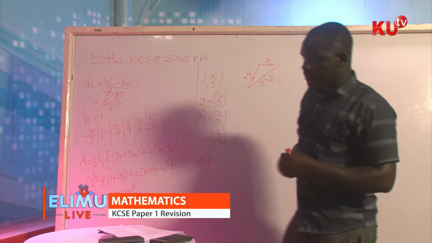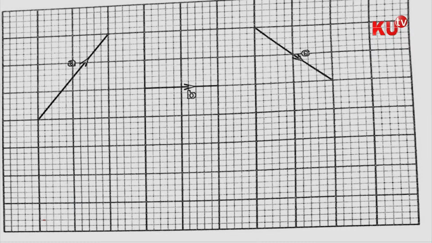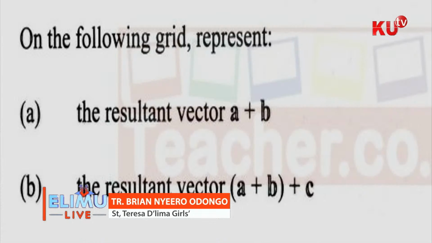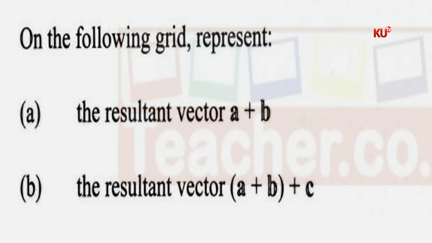Now after you've drawn it, part B of it, they say AB plus C. AB first, then to it you add vector C. Now AB is this one here, you have to add vector C. Now look at vector C. From here vector C is going 2 steps on the x-axis and 2 steps on the y-axis.